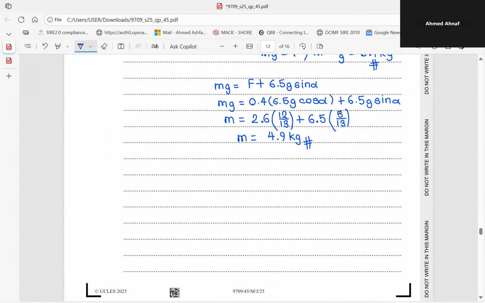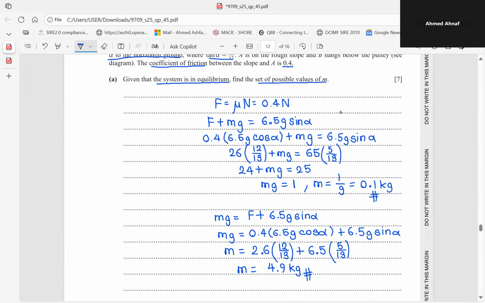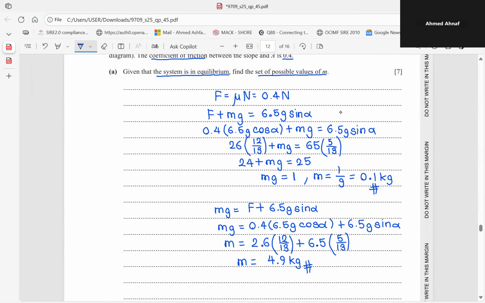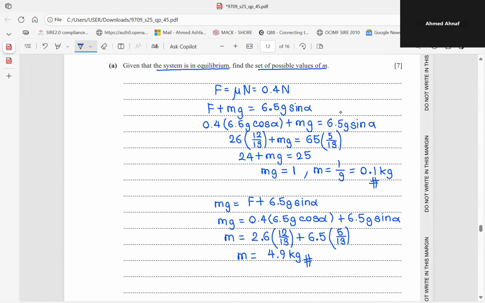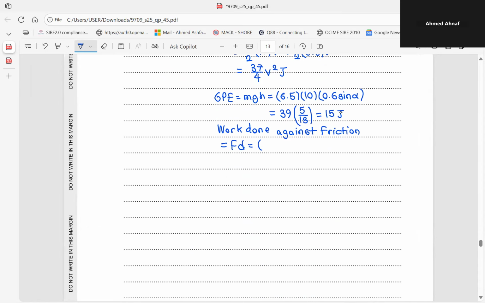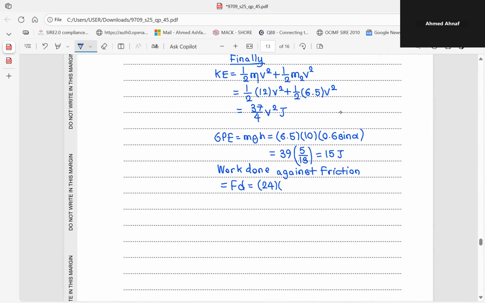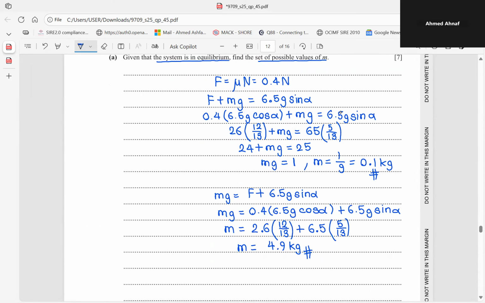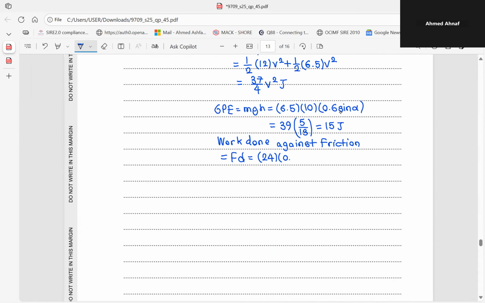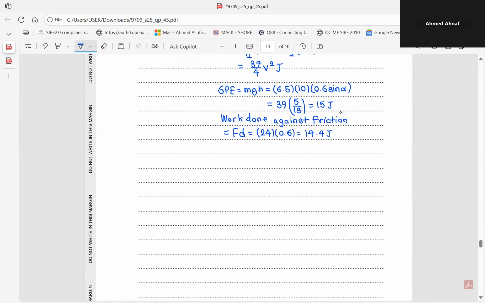F is just mu N, and that's just 24. So 24 times d, where d is 0.6. So 24 times 0.6, you will get 14.4 joules.